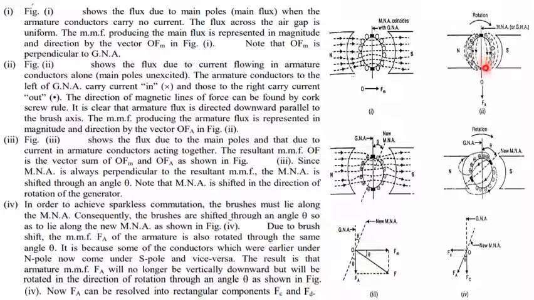Here the armature conductors to the left of GNA carry current in the inward direction, represented by a cross, and those on the right side carry current in the outward direction, represented by a dot. The direction of magnetic lines of force can be found by the cork screw rule.